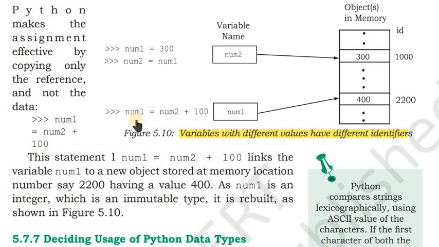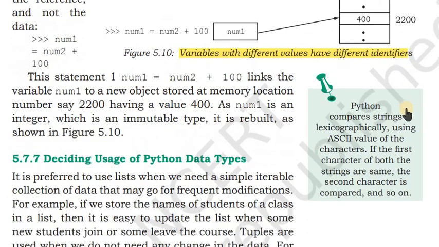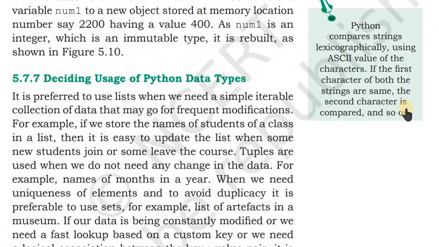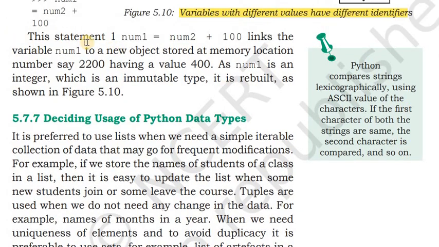Now num1's value becomes 400. Now num1 is pointing to another memory location because its value is changed, and its identifier becomes 2200. The statement num1 equal to num2 plus 100 links the variable num1 to a new object stored at memory location, say, 2200, having a value 400.